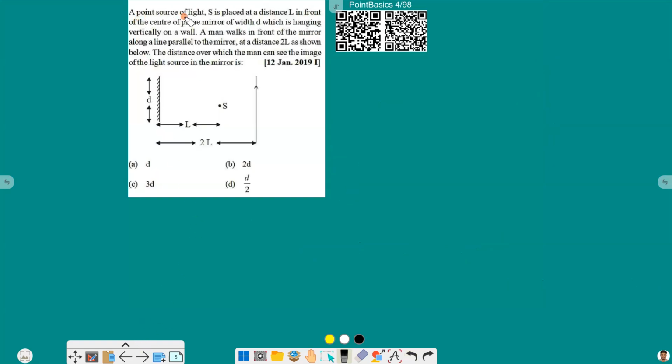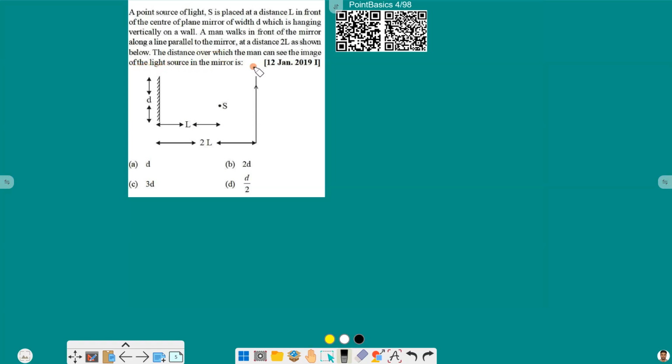So here we have a point source of light S placed at a distance L in front of the center of a plane mirror with width D, which is hanging vertically on a wall. A man walks in front of the mirror along a line parallel to the mirror at a distance 2L as shown below. The distance over which the man can see the image of the light source in the mirror is.